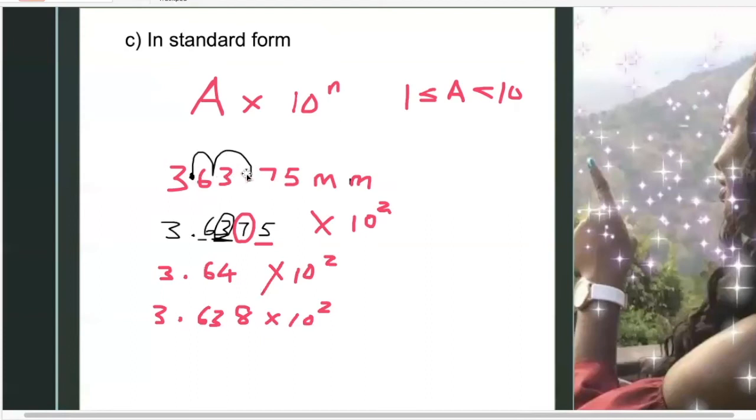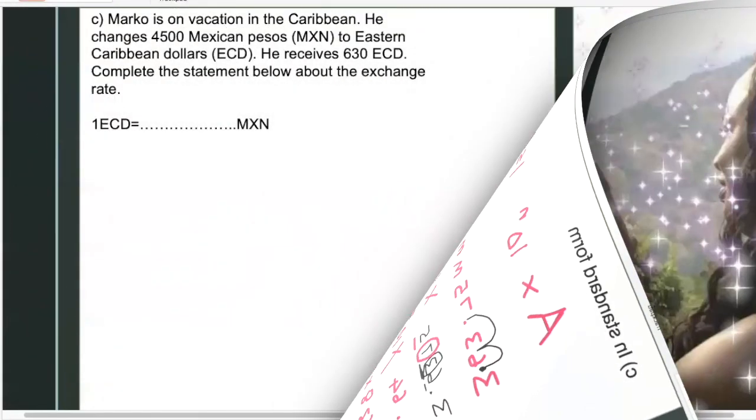So we move it 1 place, it's still not between 1 and 10. 2 places, so now we have 3.6375. This is now satisfying the condition. So the answer is 3.6375 times 10 to the 2, because we have moved the decimal point 2 places to the left.